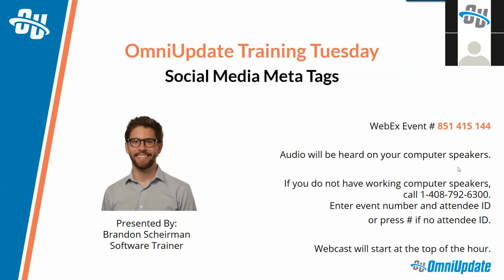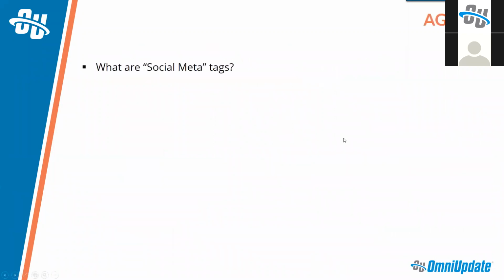So yes, as Erica was saying, we're going to be talking about social meta tags and how that process is working. Basically, we're going to overview what they are in the first place, address a little bit about why they're useful at all, why we're even talking about this. There's kind of two main portions of social meta tags.